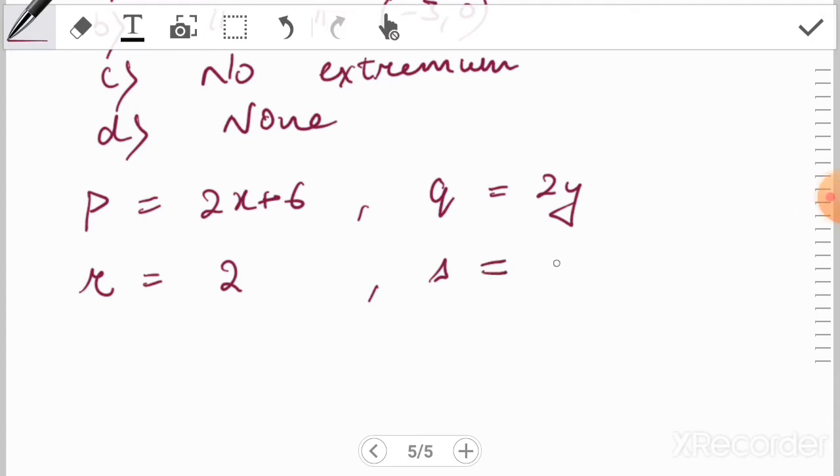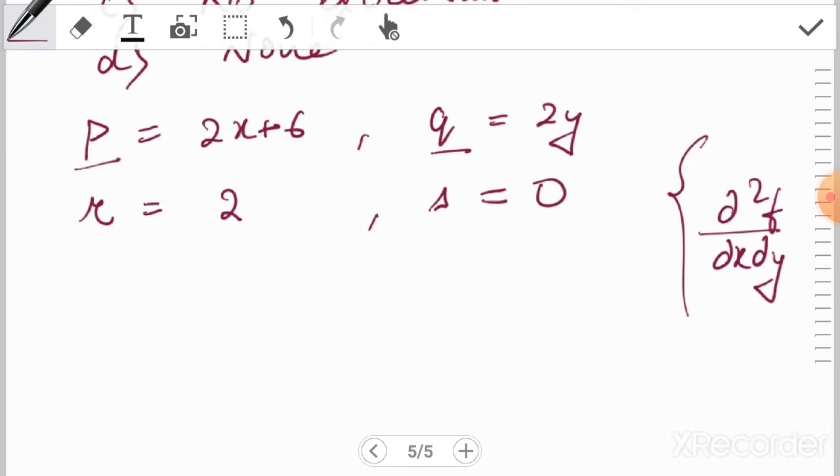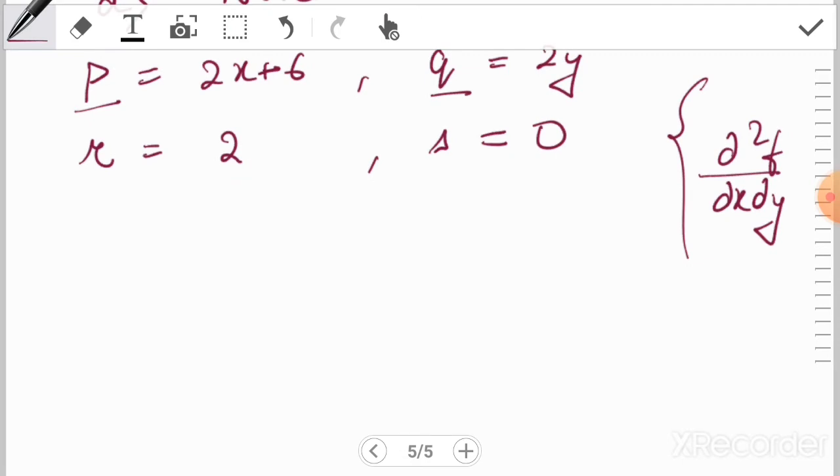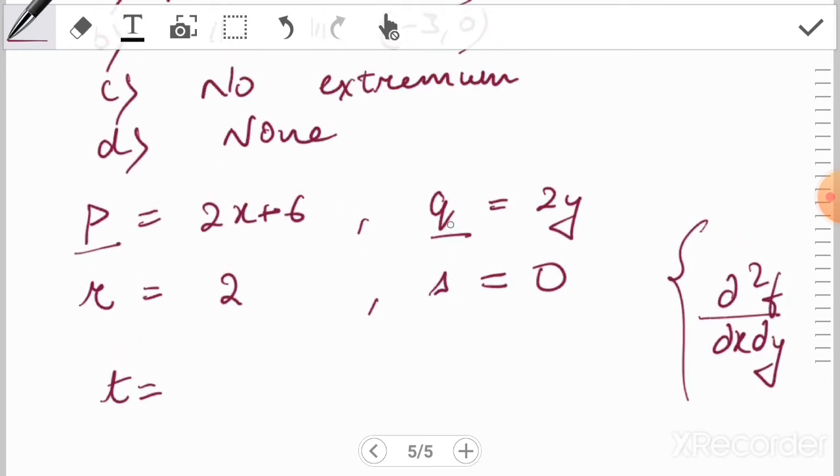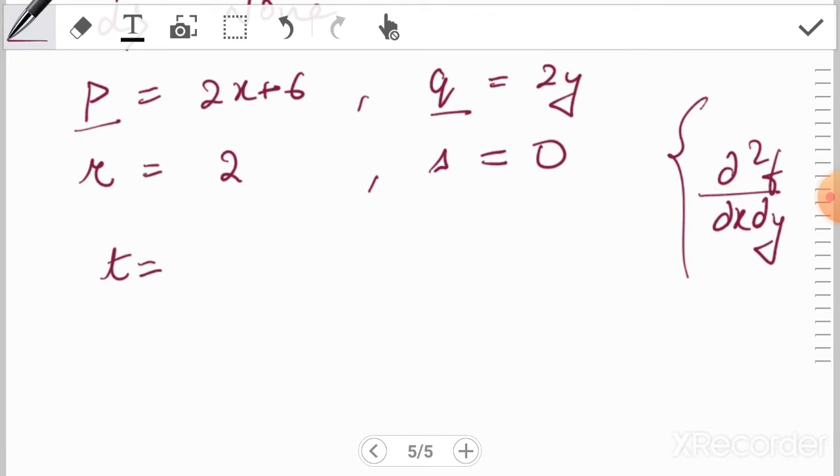And s, sorry, s is del square f by del x del y. So either differentiate p with respect to y or differentiate q with respect to x, which is 0. So now t, the second order derivative of q, which is 2.